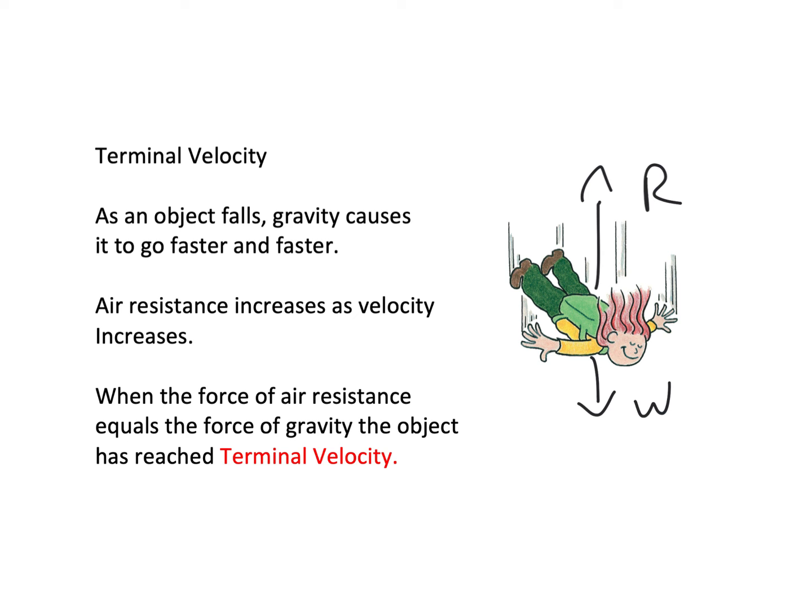And so at that point, your velocity is constant. And we call that the terminal velocity. The terminal velocity occurs when the force of air resistance equals the force of gravity, and then you will be at a constant velocity called the terminal velocity. And that's the fastest velocity that you will move at as a falling object.